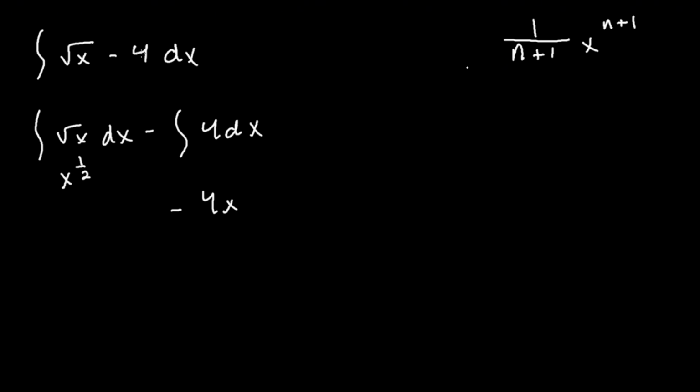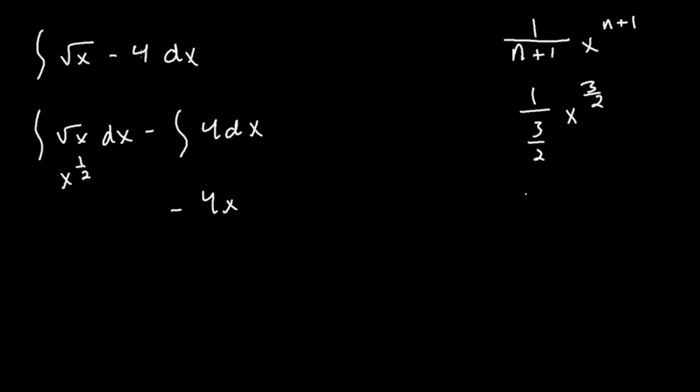So what we do here is we recognize that the exponent is 1/2. So we add 1/2 onto 1. That means we get 1 over 3 over 2 times x to the power of 1/2 plus 1, which is 3 over 2.